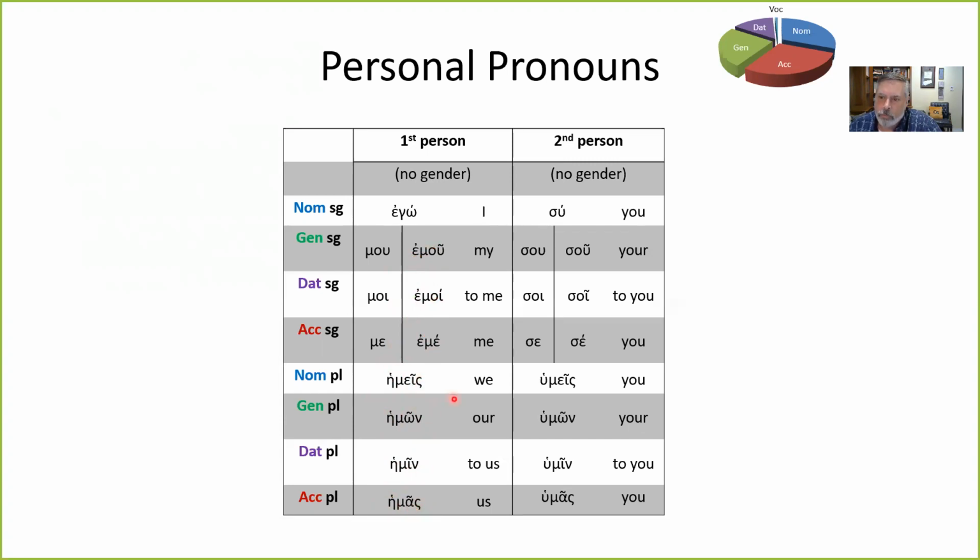So hemeis, we, hemon, our, hemin, to us, or with us, or in us, hemas, us, being in its direct object form.